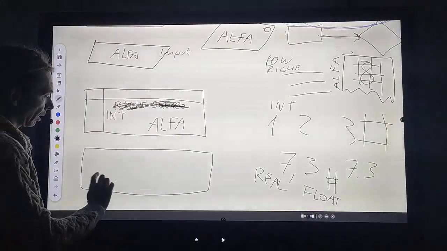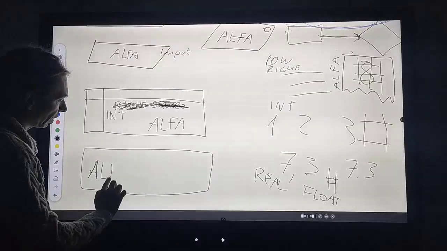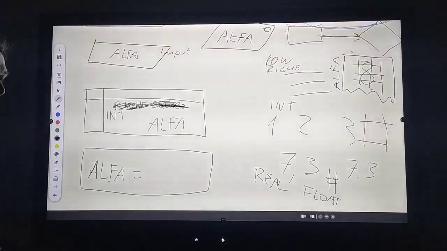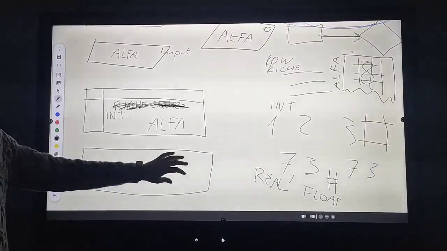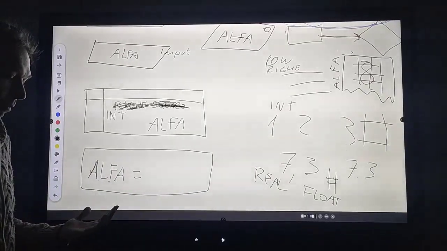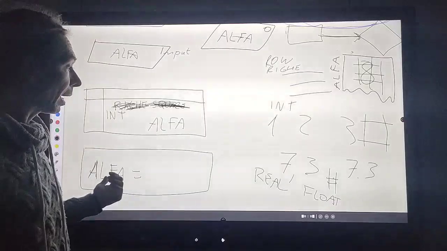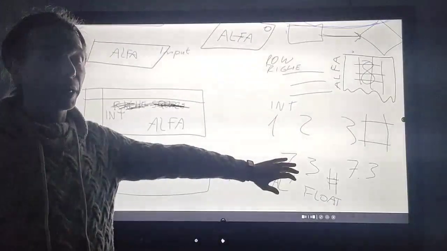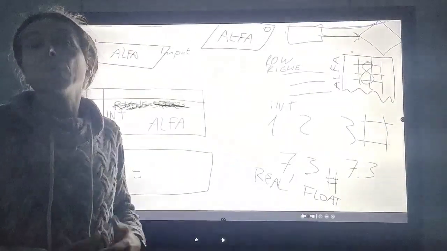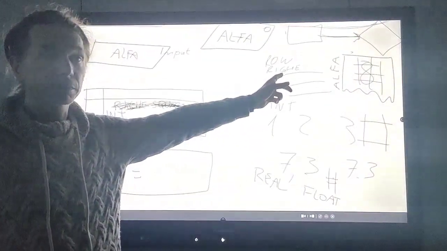So I will tell him alpha equal, and here I can put obviously a number if alpha is made to receive numbers, or a word if alpha is a row variable.